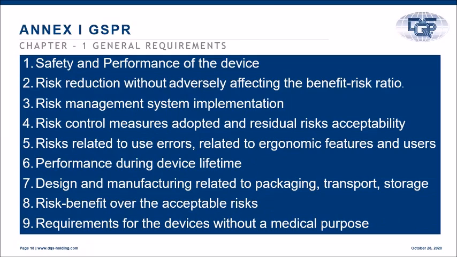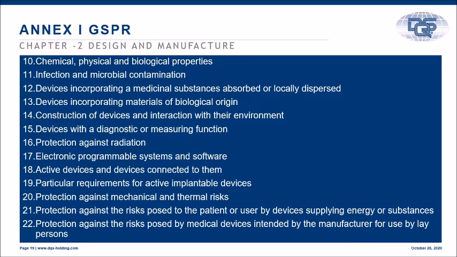The first one is related to safety and performance, risk reduction, risk management system implementation, risk control measures, user error risk, and performance during lifetime. Then design and manufacturing related to packaging, transport, storage, risk-benefit over acceptable risk, and requirements for devices without a medical purpose, chemical, physical and biological properties requirements, infection, and microbial contamination.